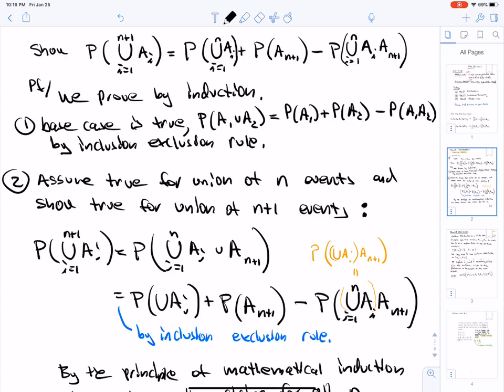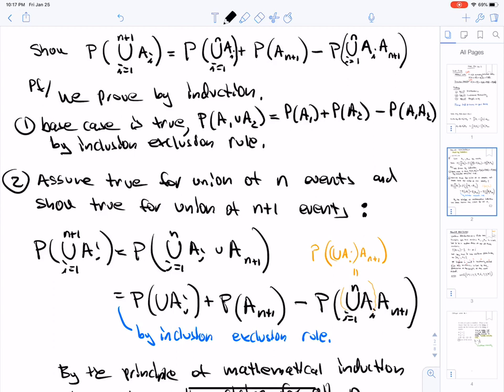And so by the inclusion-exclusion rule, this is the probability of that union of the Ai's plus the probability of An plus 1. And then you have to subtract the probability of the intersection. And the probability of the intersection, as shown in orange here, is the probability of the union of the Ai intersect the last term, An plus 1.